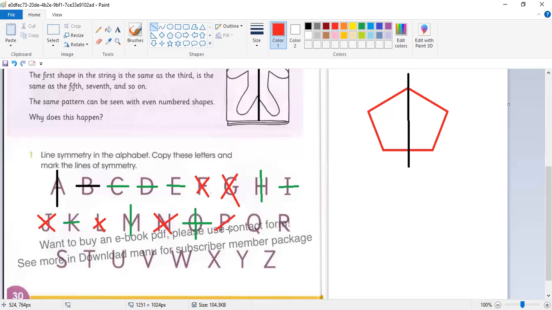In the same way, Q is also not a symmetry.